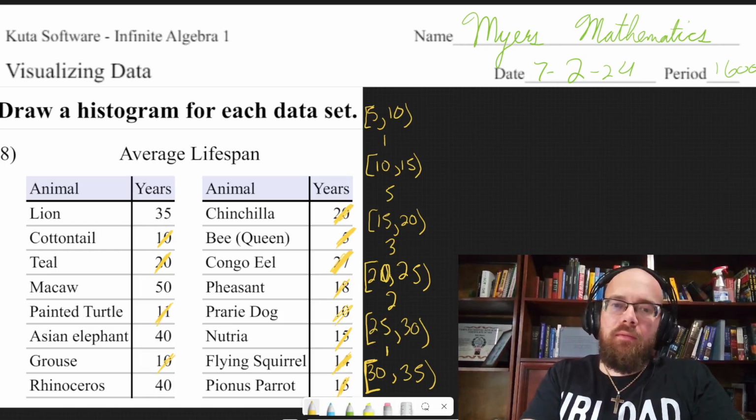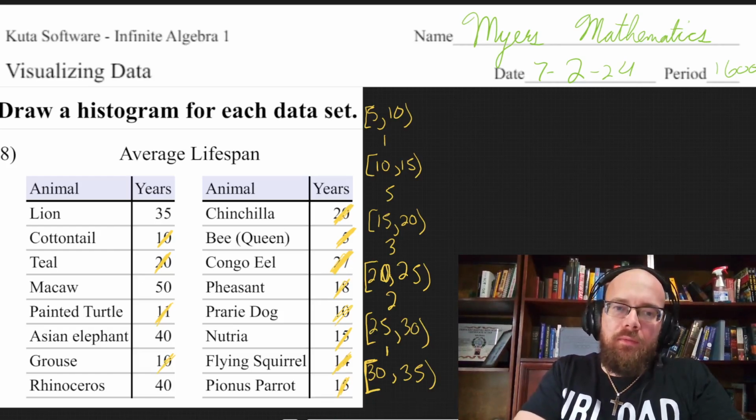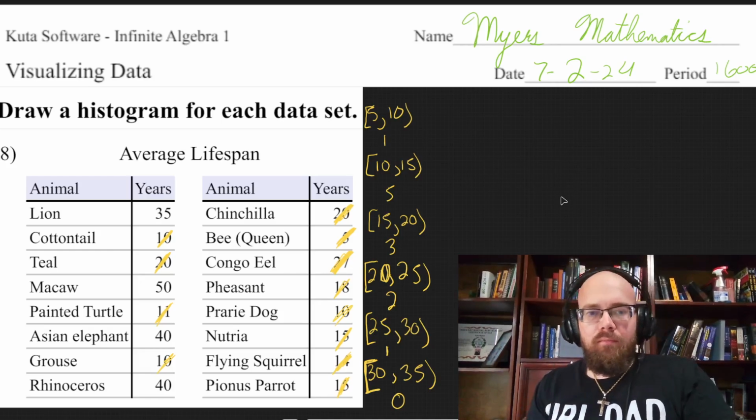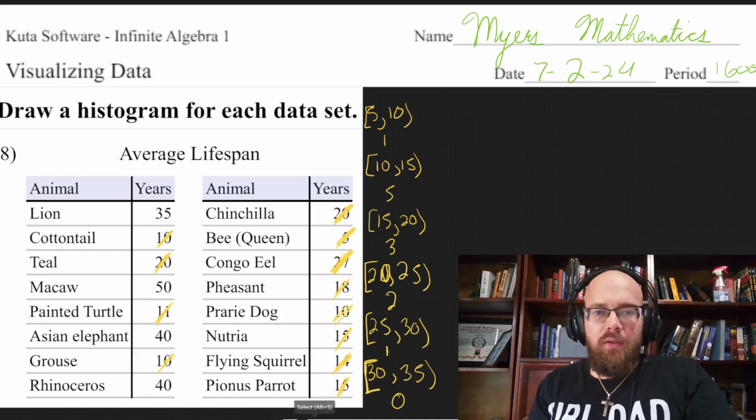That way we can do more. But real quick, 30 to 35 looks like a 0. A big old goose egg. So, there's that.